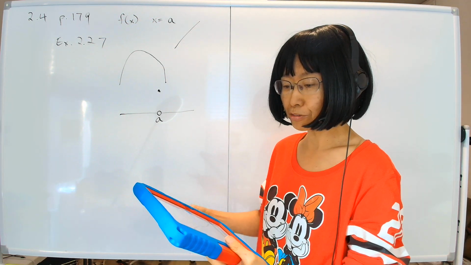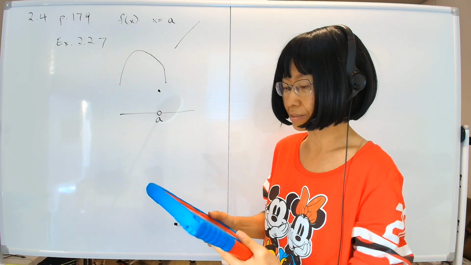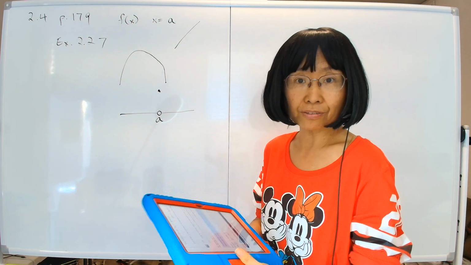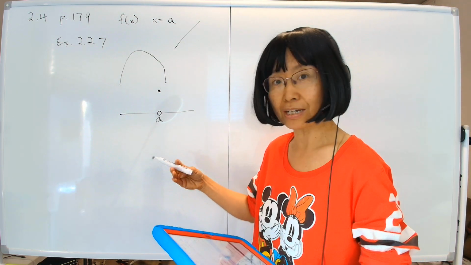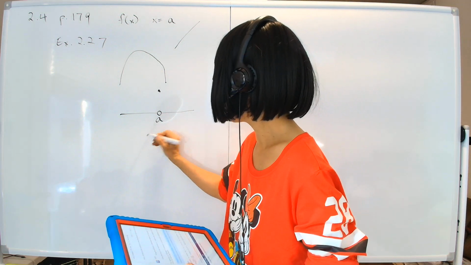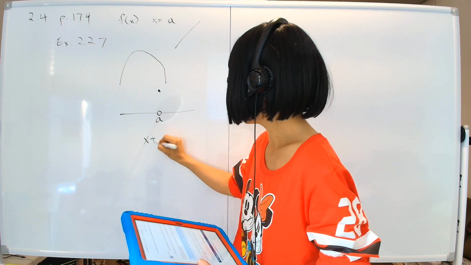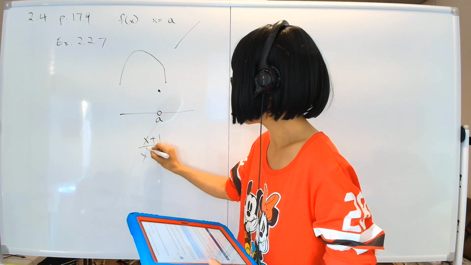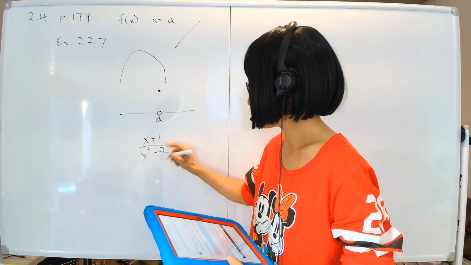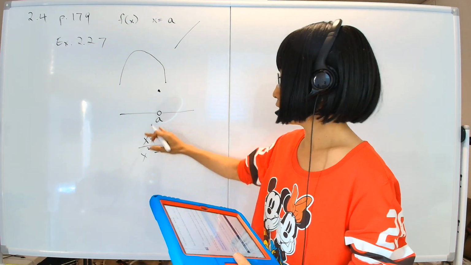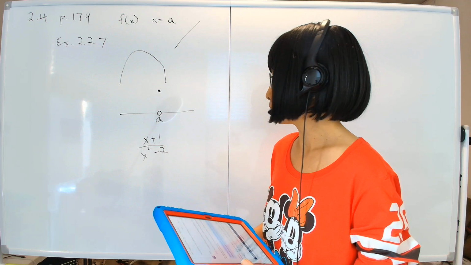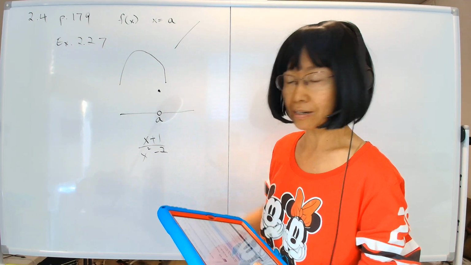Theorem 2.8: polynomials are continuous. Also rational functions, which are polynomials in fraction form. A rational function might be something like x plus 1 over x squared minus 2, anything like that. These are all continuous. It just means there's nothing broken in there.